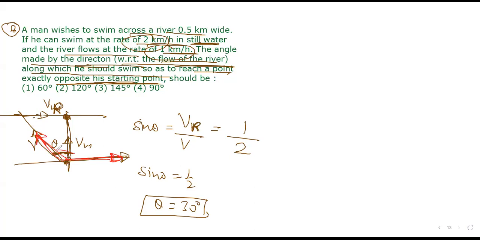So what is this angle? They're asking the total angle. That is theta plus 90 degrees, since theta is with respect to the vertical. So the total angle with respect to river flow direction is 30 plus 90, so the correct answer is 120 degrees, not 30 degrees.